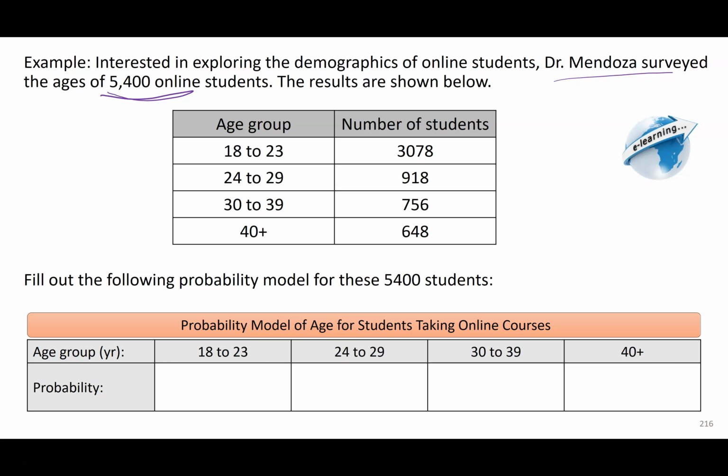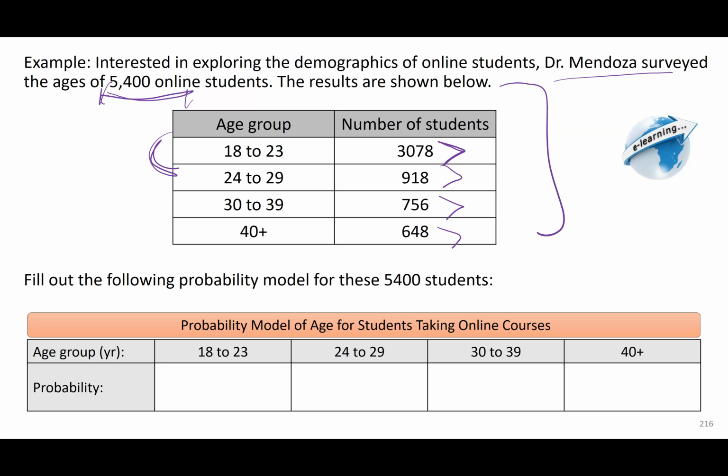So the results are as below. They put them in groups. So 18 to 23 years old, it looks like 3,078 of the 5,400 students were in that particular age group. And then they have the number in each age group after that.